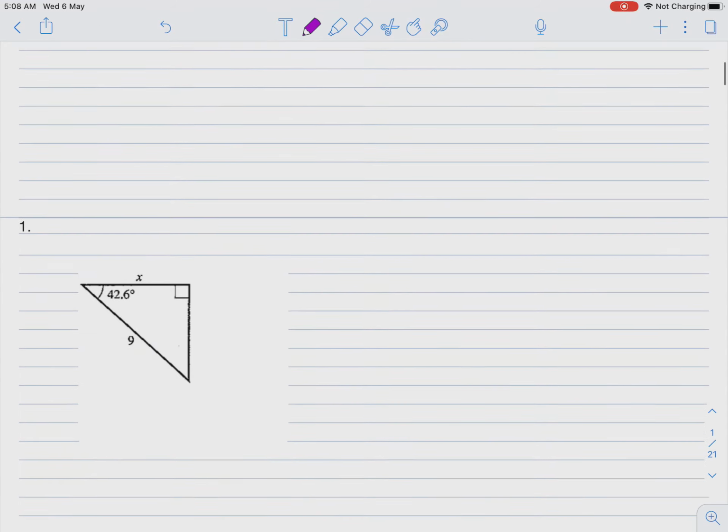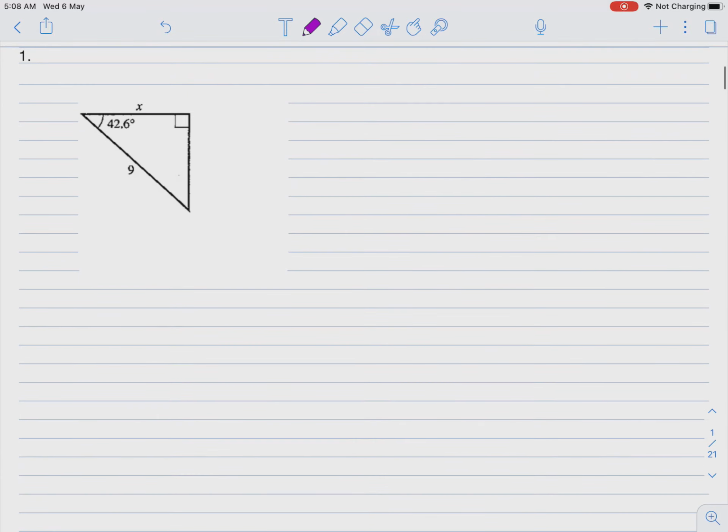Then, for example, let's see one question on this. I have this triangle, which has an angle 42.6 degrees and has a side called x, and the side opposite to the 90 degrees is 9. So now I will try to find the side x.